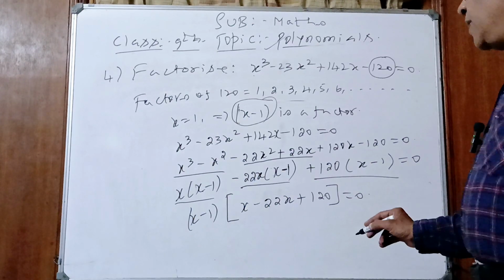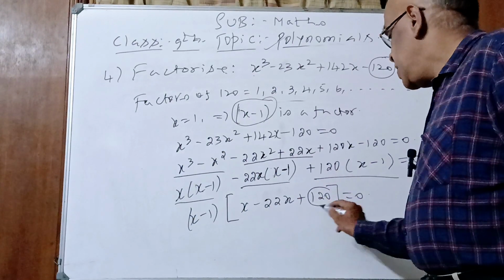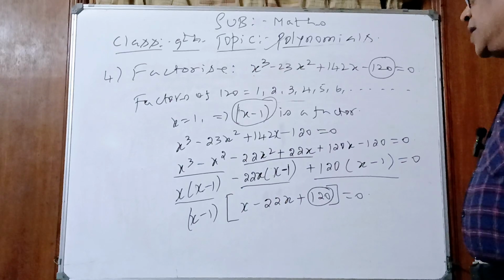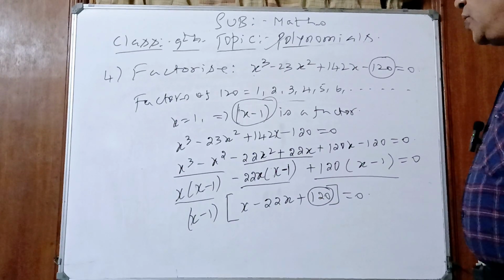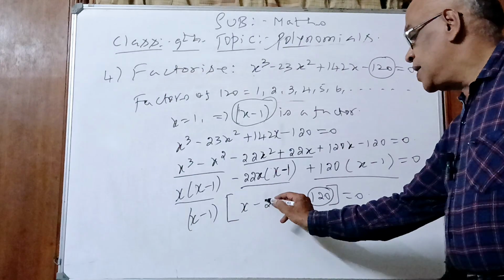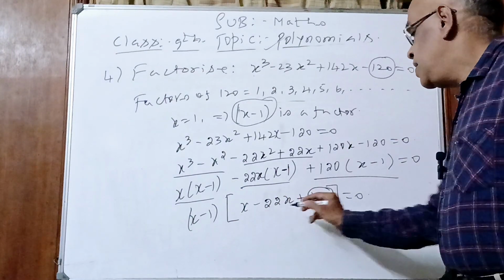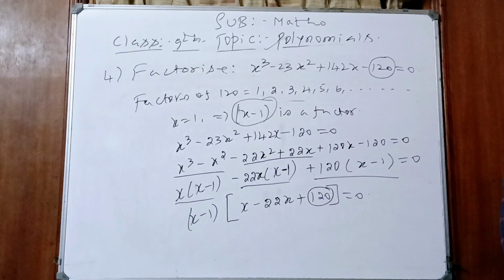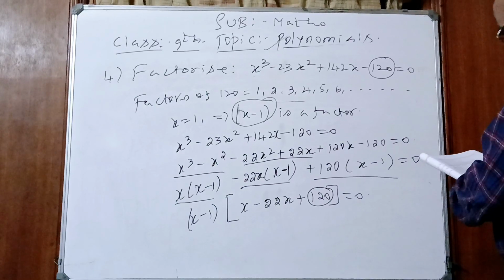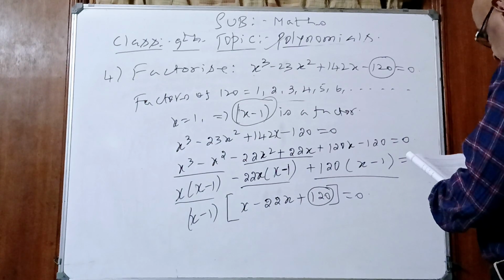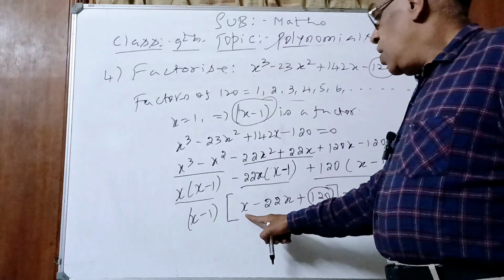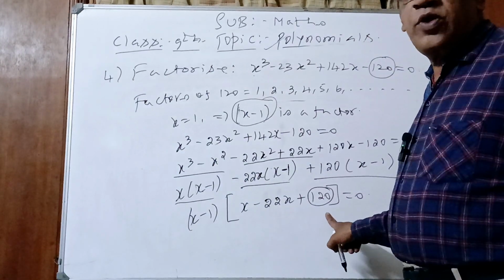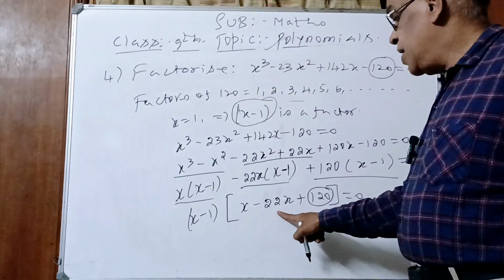Like we did in the previous case, 120 is a constant term. Take the factors of that. Or I will teach you an easy method: split the middle term. How to split the middle term? You cannot pair 3 terms, so split the middle term into 2.